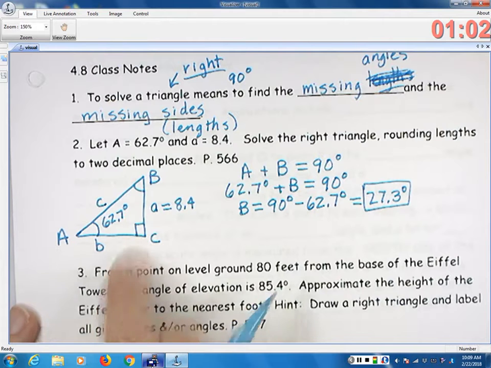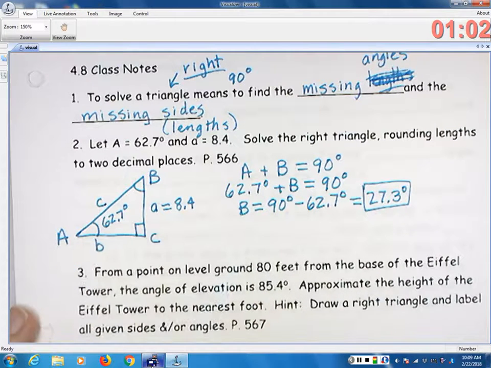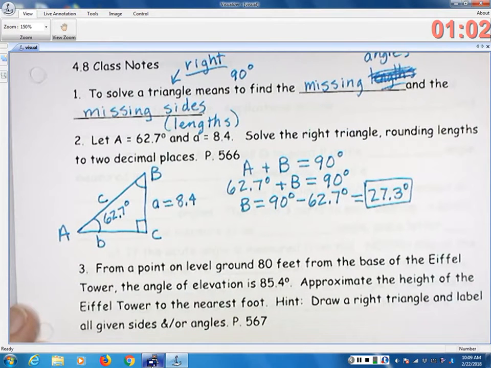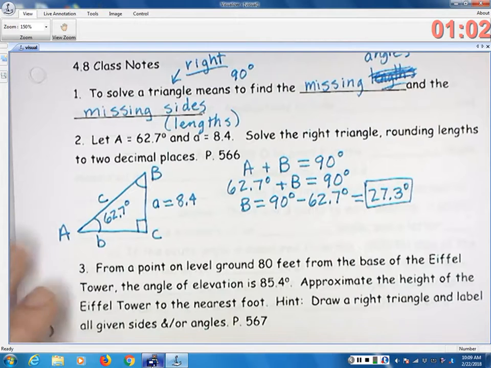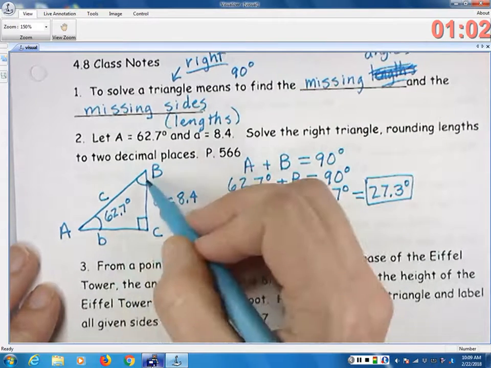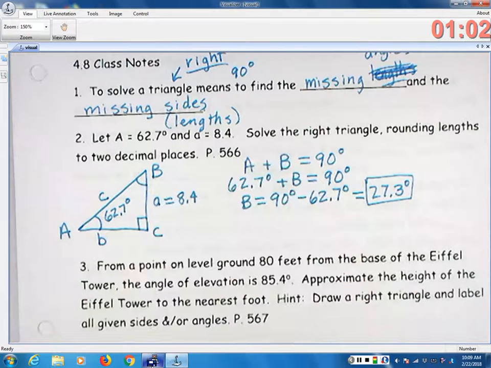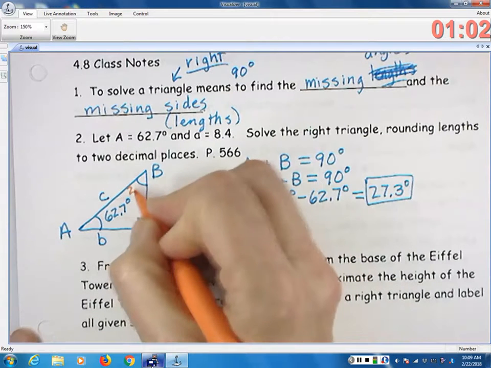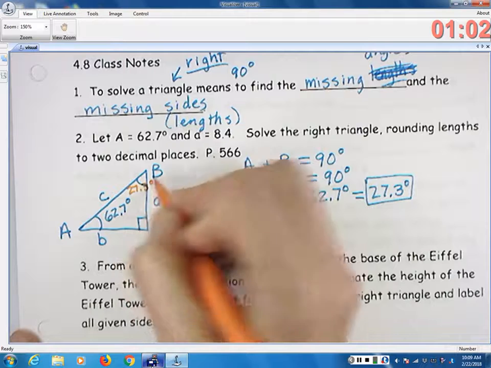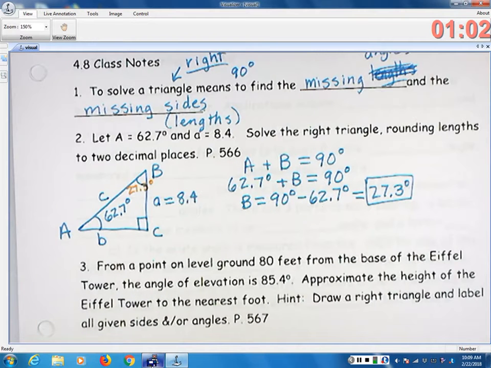All right, now we need to find sides B and C. We're going to use the inverse functions to find those, the angle whose tangent is, or the angle whose cosine is.